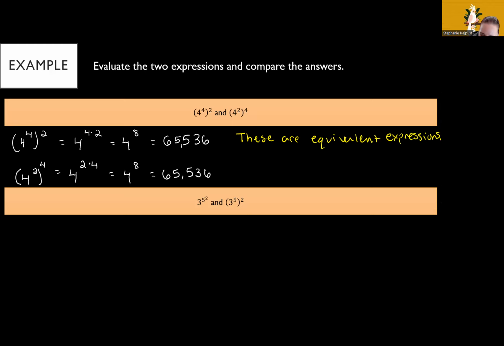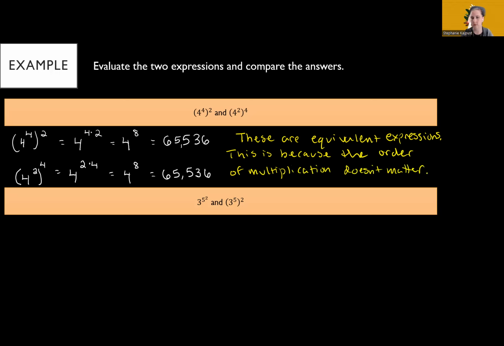So these are equivalent expressions because the order of multiplication doesn't matter. Just something to note: you can flip these exponents around and you'll get the same answer when you're using the power rule.